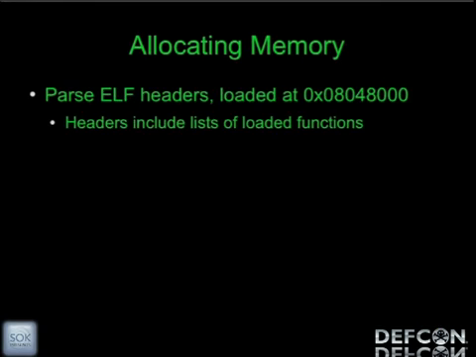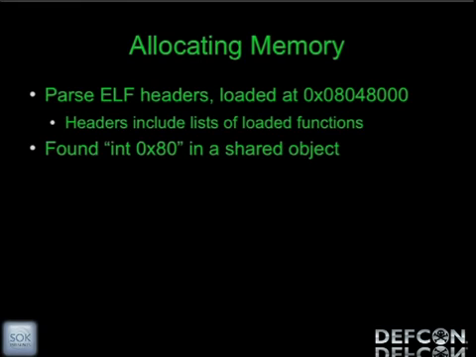So we'll parse through the ELF headers starting at that hex address. The ELF headers include lists of loaded functions. So we found int80 by crawling through all the ELF headers. I saved you all the nitty-gritty details because it's boring.